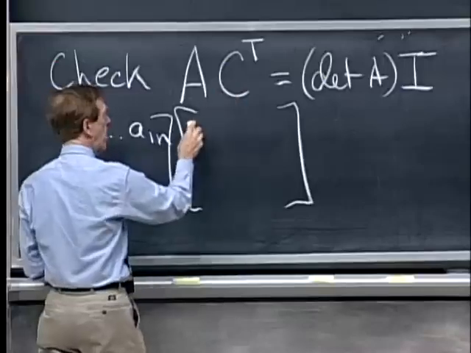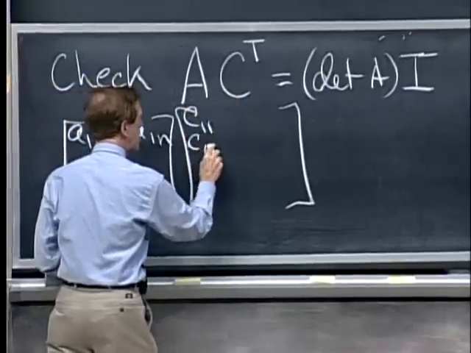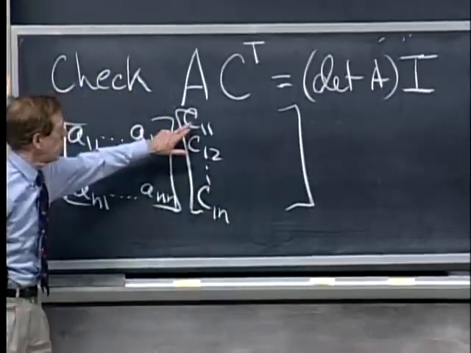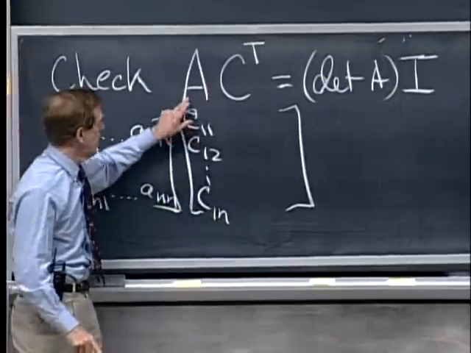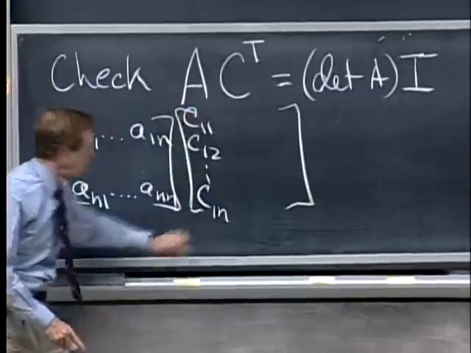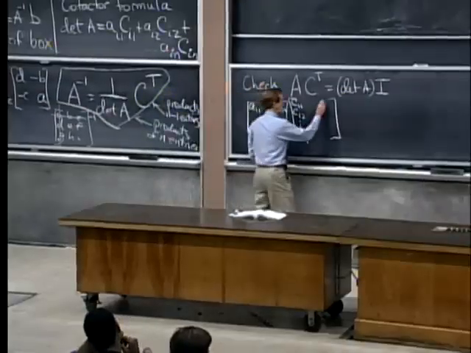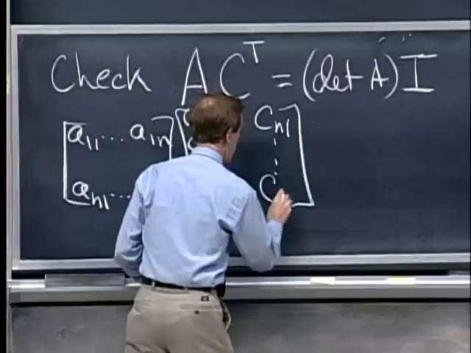So when I transpose, it'll be C11, C12, down to C1n. Usually that 1 coming first would mean I'm in row 1, but I've transposed, so this first column are the cofactors from row 1, and the last column would be the cofactors from row n.